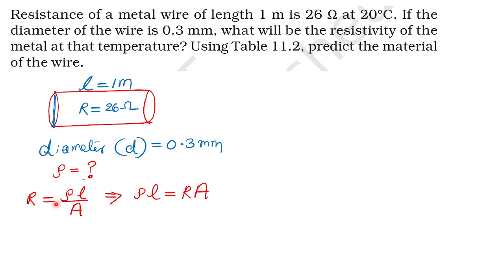Rho L equals RA. I can take this L to the other side. Is it possible? Yes. L is taken to the other side, so rho equals RA by L. Understood? RA by L.